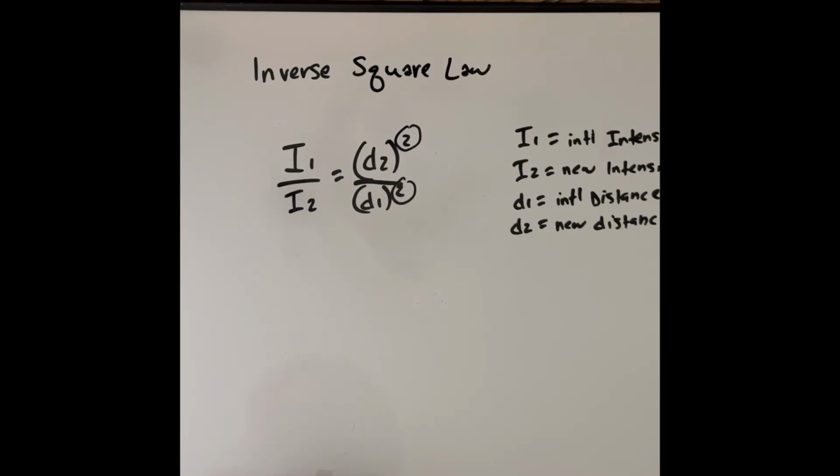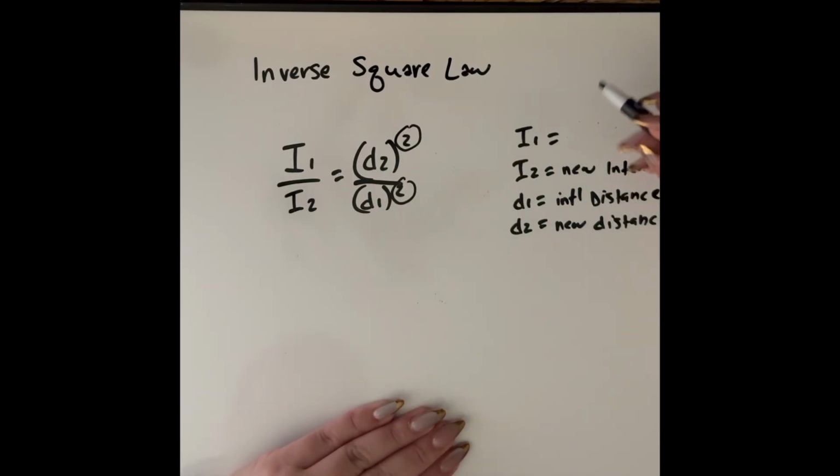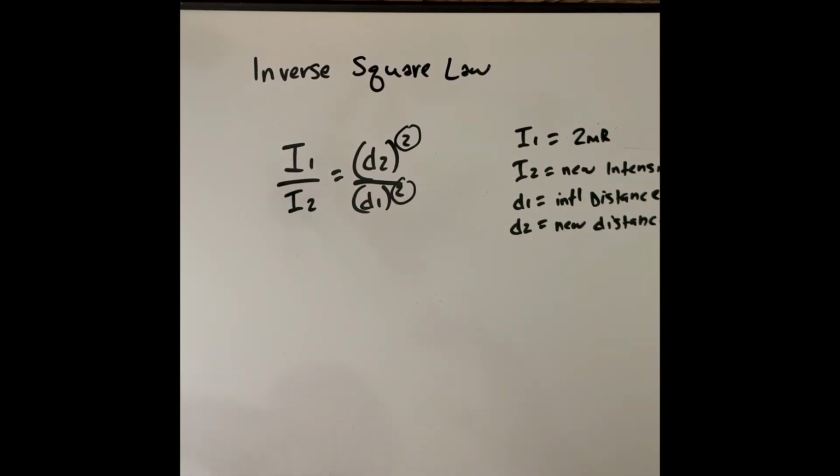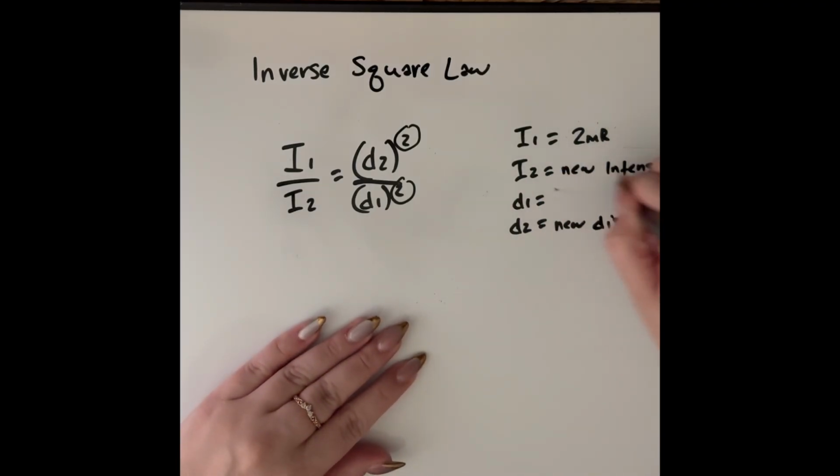The first thing it gave us was our initial intensity, which would be our 2 MR. MR is a unit to describe the amount of radiation. Our exposure, our intensity, our dose, all of those mean the same thing. And then our first distance it gave us was 40 inches. So our initial distance was 40.